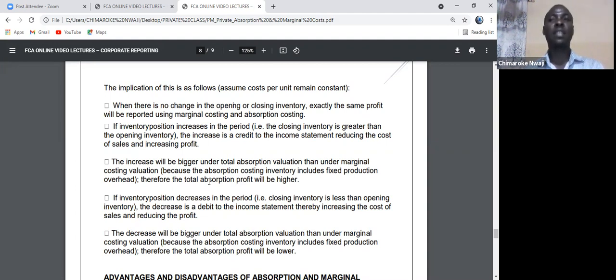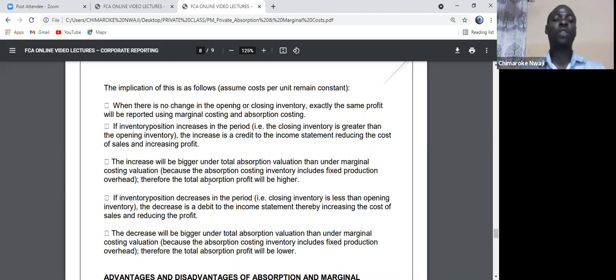Now that increase is usually a credit to the income statement. Whenever there is an increase in the closing stock causing an increase in inventory, it means that your cost of sales, so to speak, is going to reduce. It will reduce your cost of sales.